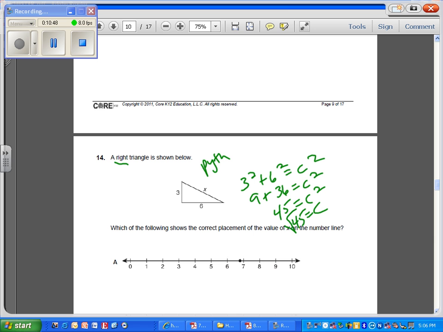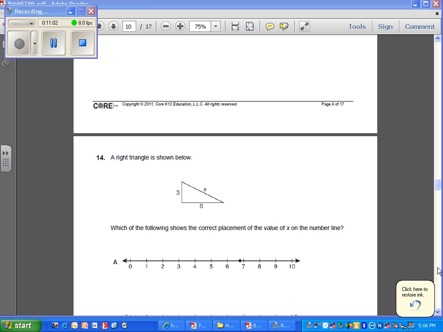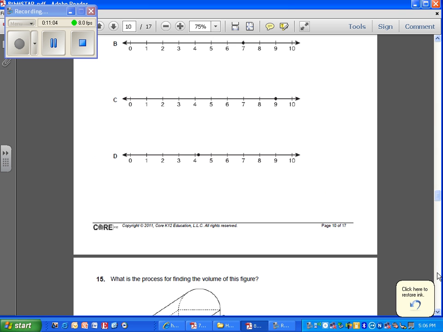I don't know the square root of 45, but I know it's between 6 and 7, and I know it's closer to 7. And before I even look at the other graphs, I know that must be my answer. But I will look at the other graphs, just to be sure. There's one at 7, but I know it's not quite 7, because that would be the square root of 49. So I know it's A for my answer.